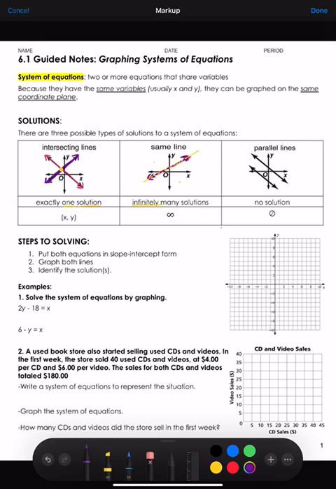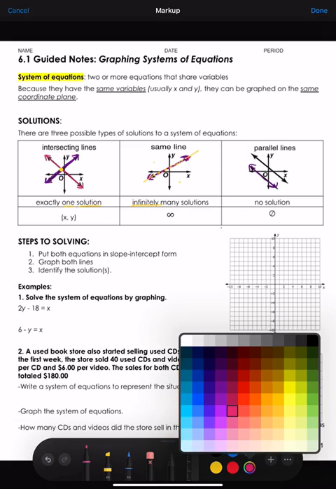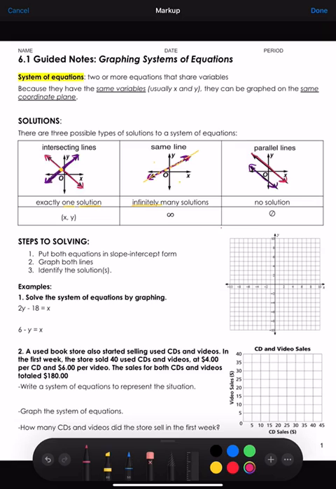The last case that we have is when we have two parallel lines, and the definition of parallel lines is that they're two non-intersecting lines. So forever and ever, this line here and this line here will never cross or touch one another, because they have the same slope and they will never touch.